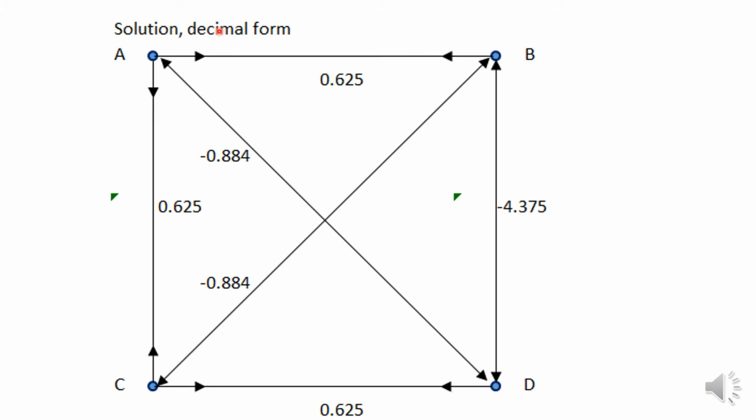So this is the solution in decimal form, 0.625, minus 4.375, etc. And you can compare this with the solution given in the video, which uses the force method. You'd find that these are the same values. So here I've shown that my method of Stroops gives the same solution as the force method.